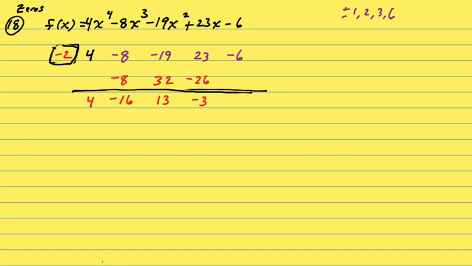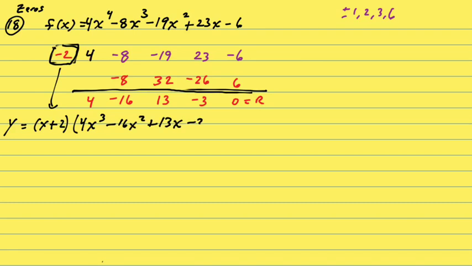Add would be negative 3. Multiply would be 6. And that gives me a remainder of 0. So far I know then that y equals x plus 2, because negative 2 makes that 0, times 4x to the third minus 16x to the second plus 13x minus 3.